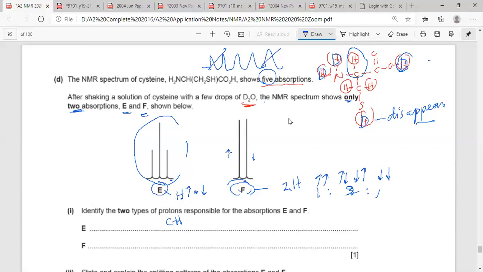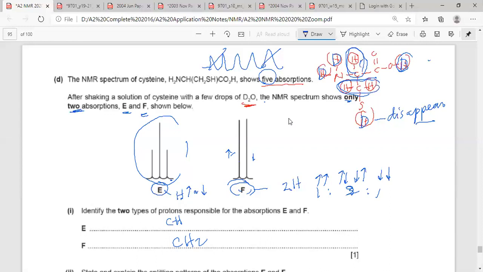Sorry, what am I talking about? I got confused also. E is CH, F is CH2. Okay? F is 2, this is F. So 2 will split this one into 3.